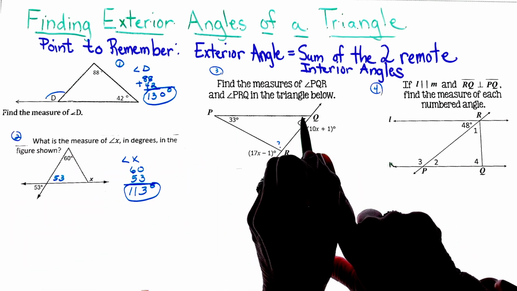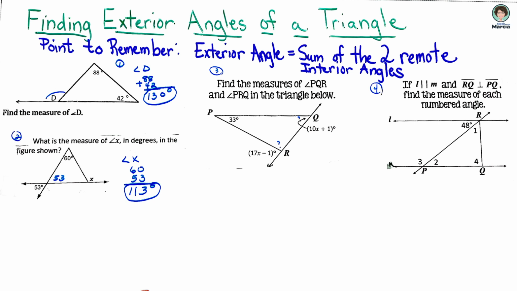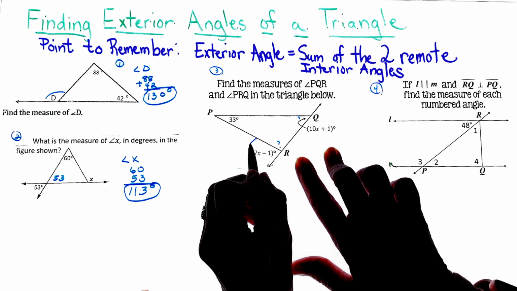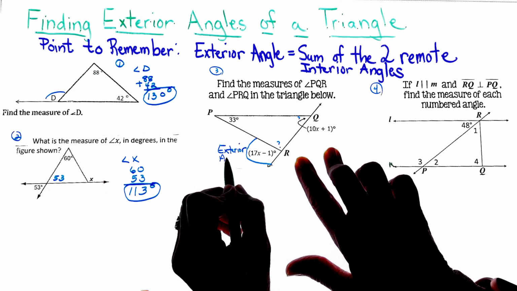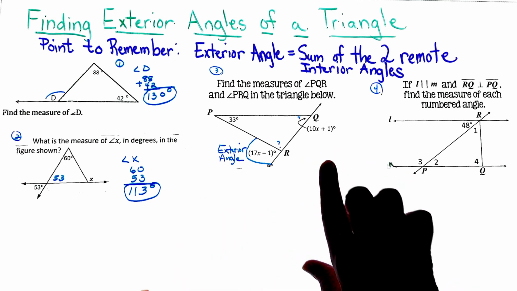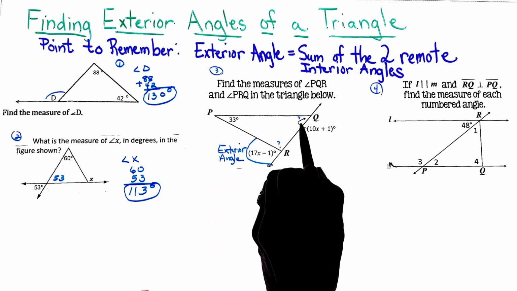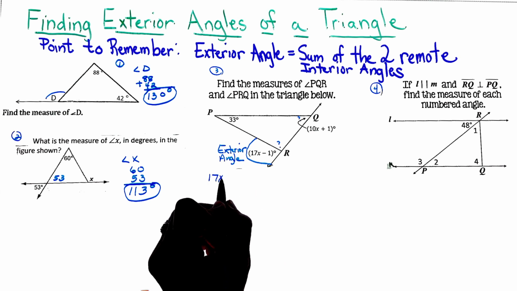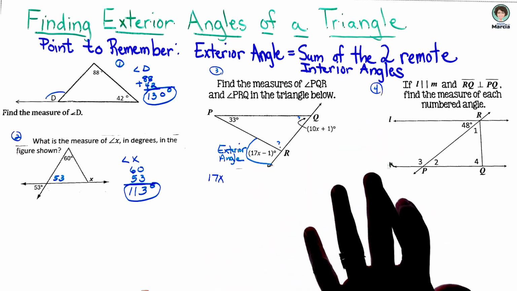So looking at what I have there, again, we know that this angle on the outside is our exterior angle. So I am going to take that exterior angle and make it equal to the two remote interior angles. So we're going to have to solve for x first in this problem, and then we'll be able to find the angle measurements that we need.